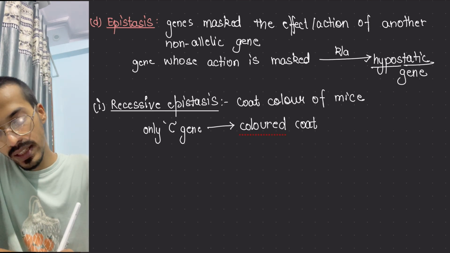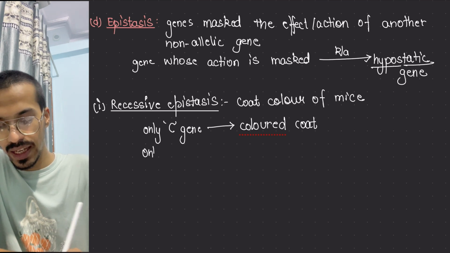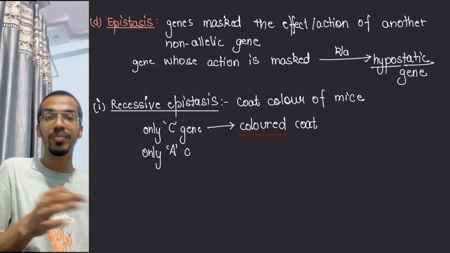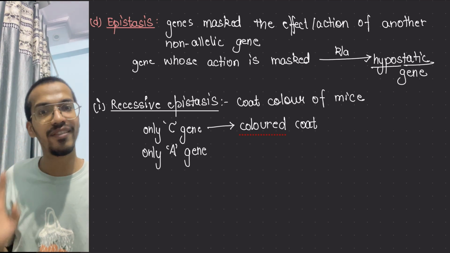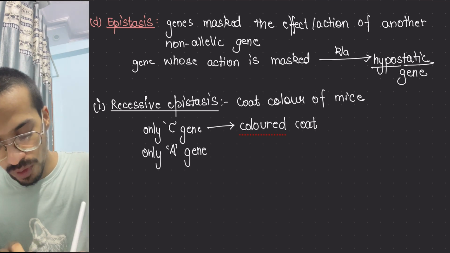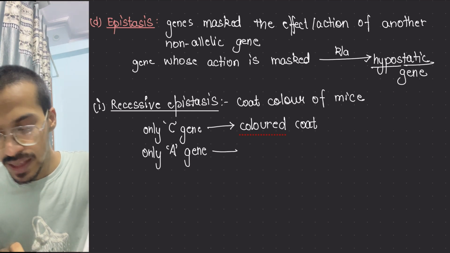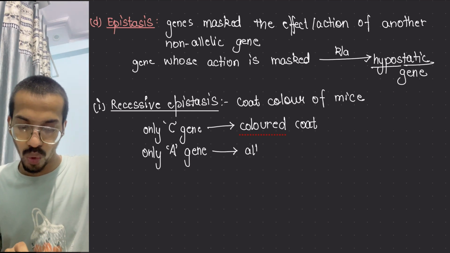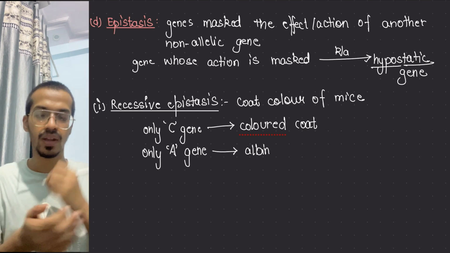If only A is present, A means albino. Albino means white, meaning little or no pigment is produced. So if only A is present, albino coat color will be there.